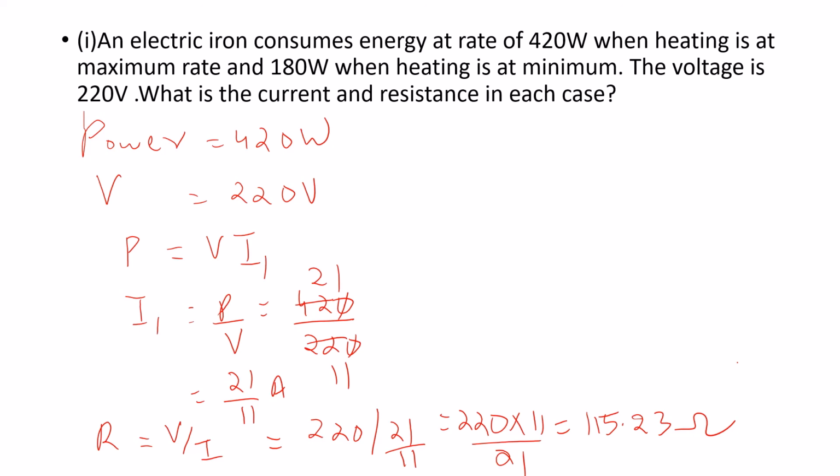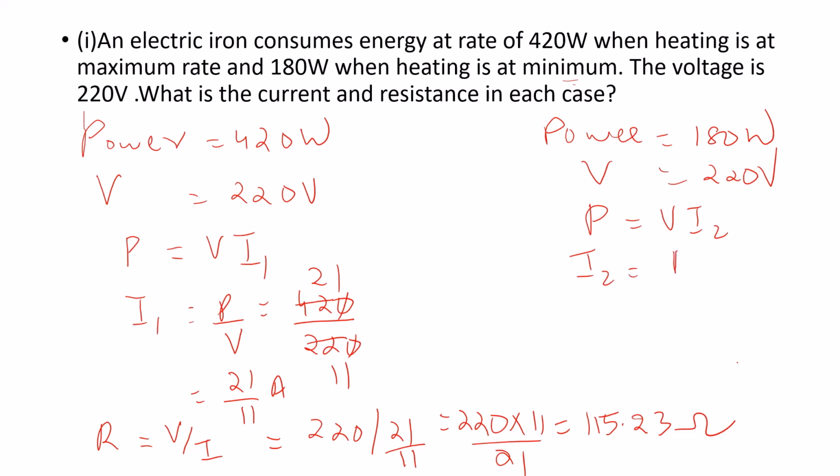Now the second case is when the heating is at minimum. So in the second case, power is given as 180 watt, and the voltage is 220 volt, and P will be equal to V into I2. So I2 will be equal to P by V, and therefore it is 180 by 220.